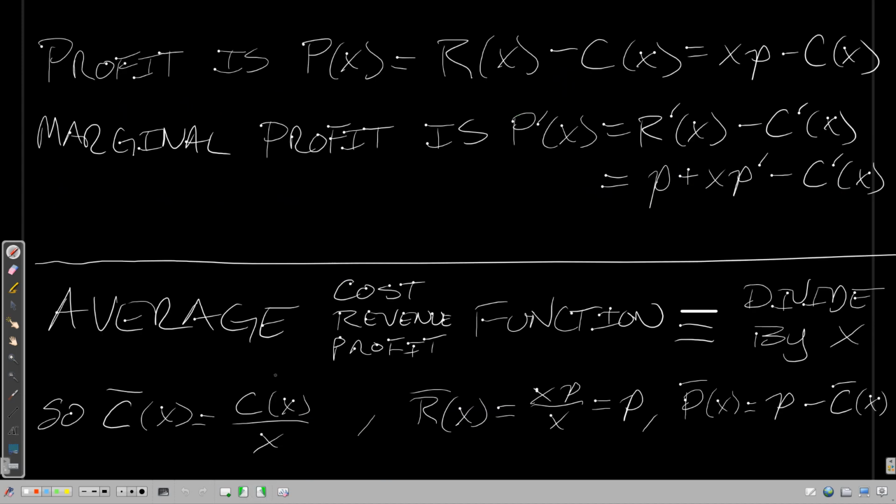The profit, remember, is revenue minus cost. You could write it like this, revenue minus cost. So the marginal profit, you would just differentiate term by term. It's R prime minus C prime. And if your price is a function of x, then you would get this.